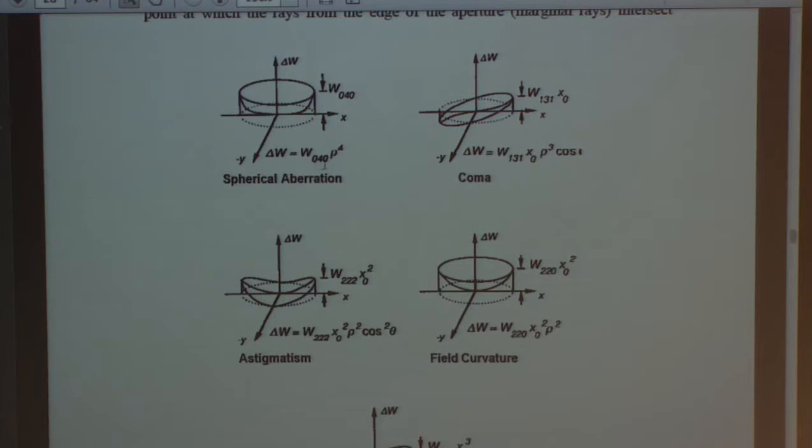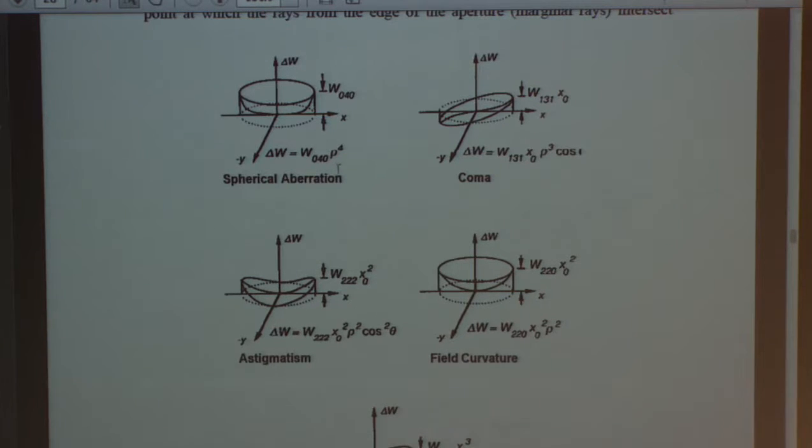And so the subscript here, 040, the first one is the field position, the power of the field position raised to some exponent. This is the exponent. Well, there is no field here, so that first one is 0. Second one will be the rho to the whatever power the rho is.